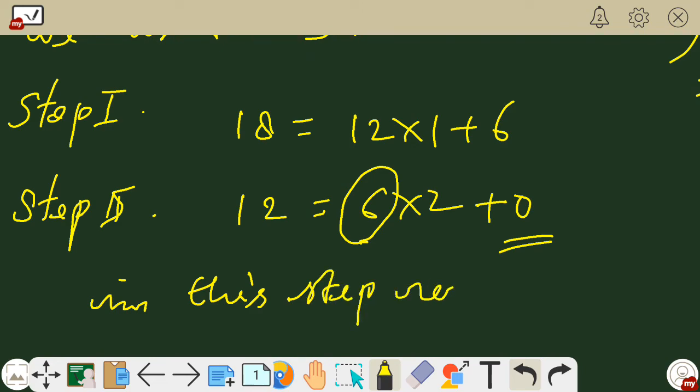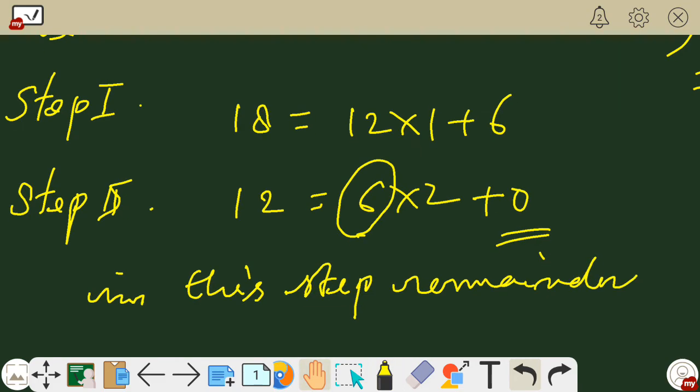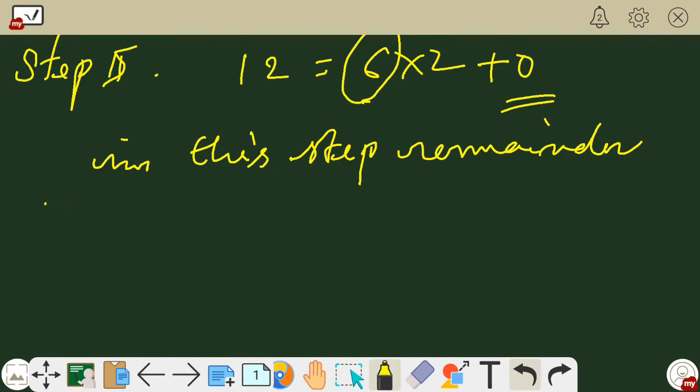Repeat this process until you get the remainder 0. If the remainder is 0, then stop the process. In this last step the remainder is 0, so the divisor 6 is the HCF of the two positive integers.